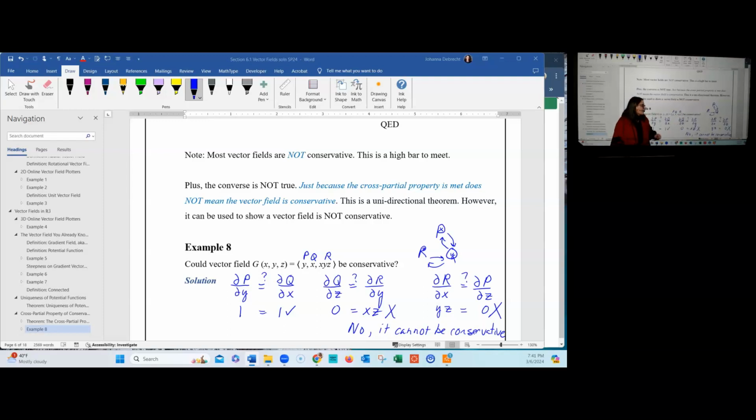In this case, we can also show that the partial of r with respect to x is not equal to the partial of p with respect to z, again reinforcing that there's no way that this vector field can be conservative. There is no scalar valued function, lowercase f, whose gradient gives us this vector field.